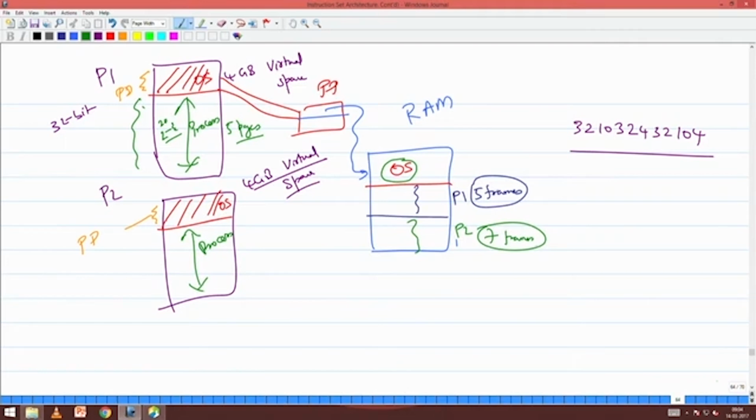Similarly, the page directory of this will map the OS page onto this RAM, and whatever pages I am using here will be mapped onto these 5 page frames. So there will be at most 5 valid entries for these pages.